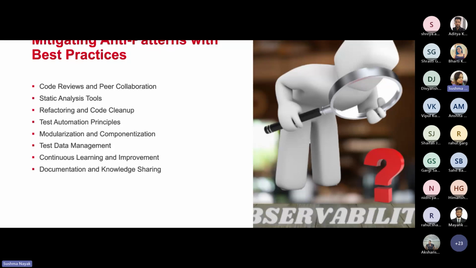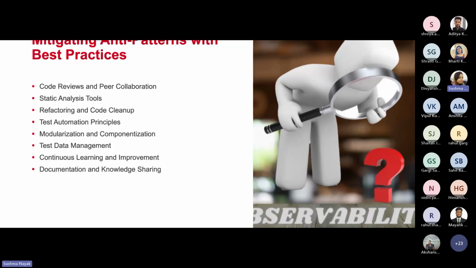Some tools can automatically identify anti-patterns and code smells in your test code. This can also be done, and we can integrate it with our CI pipeline so that we can catch all the smells and everything beforehand.